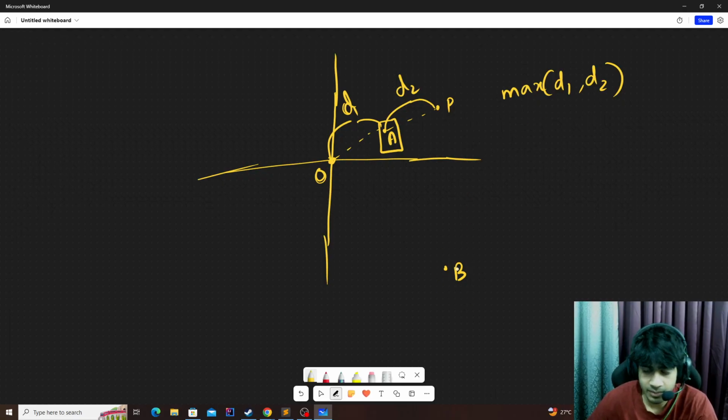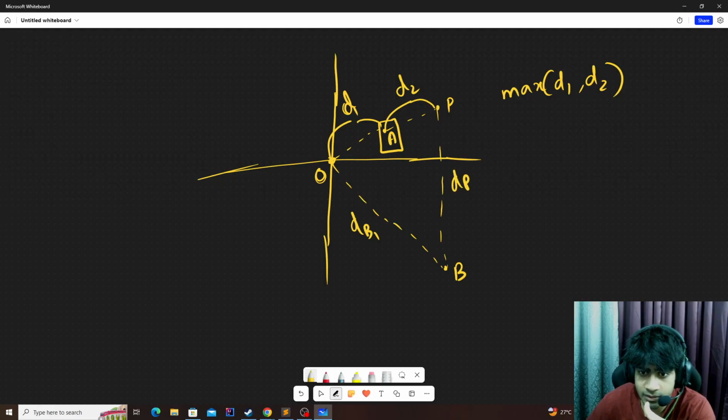Same thing happens with B also. So what I did is, first I considered, okay, I will take only A, I will take only B, and calculate the answer for both of them. Suppose then you have decided that I only want to take lantern B. Let's just say this is dB1 and this is dB2.